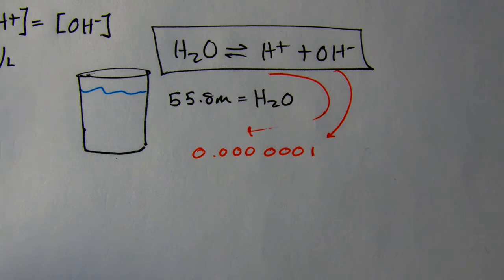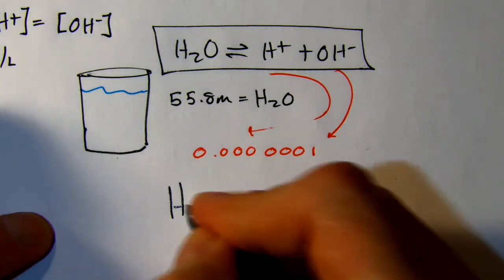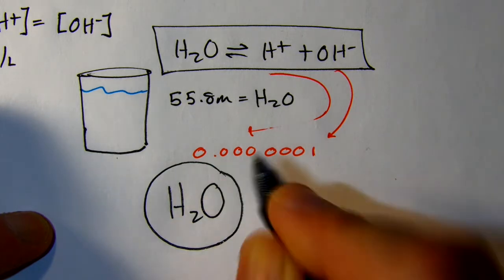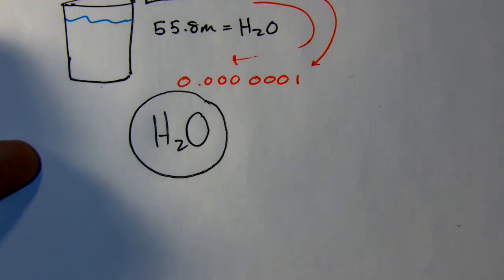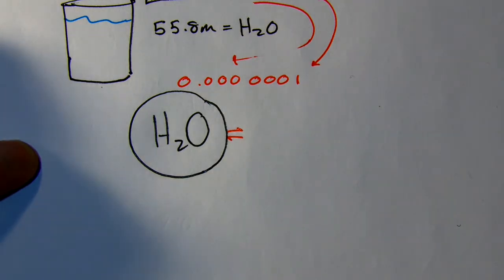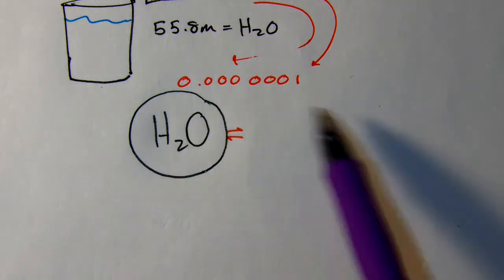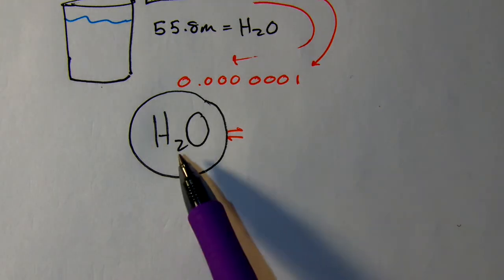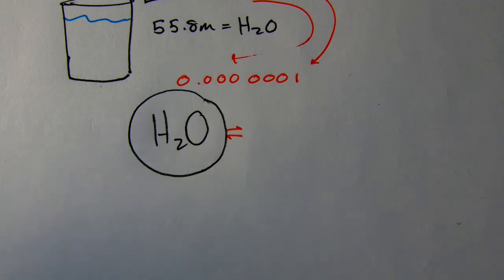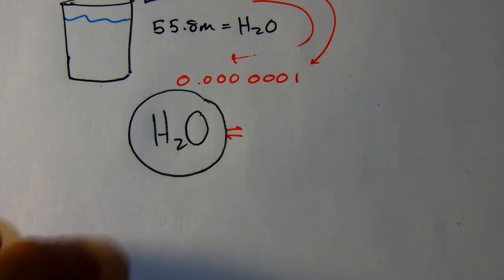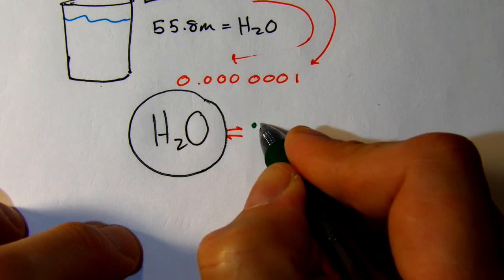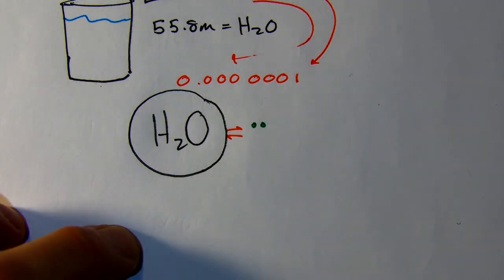So if I had to, I guess we could draw it this way, that H2O is this great big huge amount like that, and they're still going back and forth at the same rate, turns into H pluses and OH minuses, goes back to H2O, goes this way, goes that, same rate, 5 miles an hour, whatever you want to call it, molarity per second.